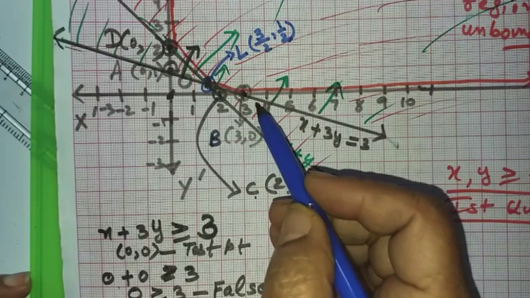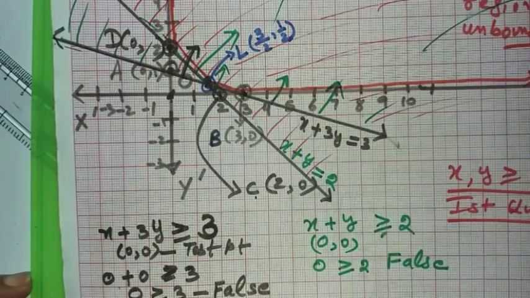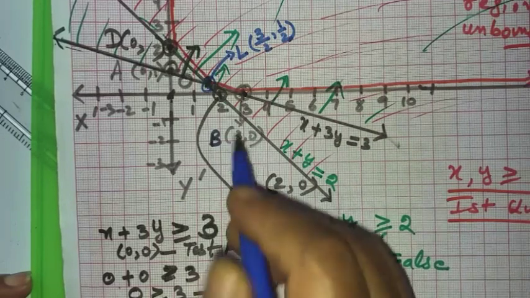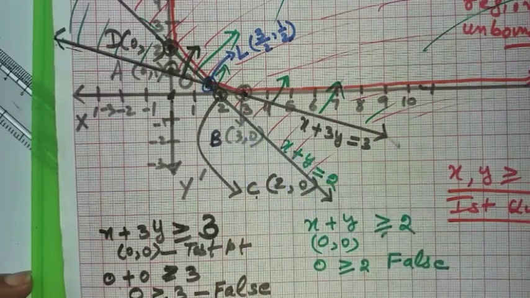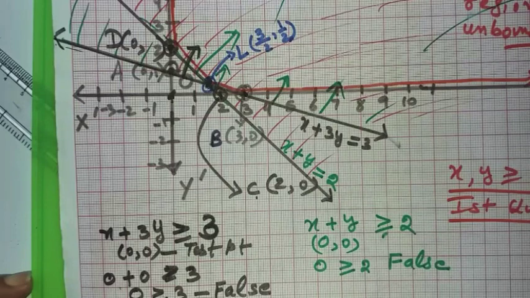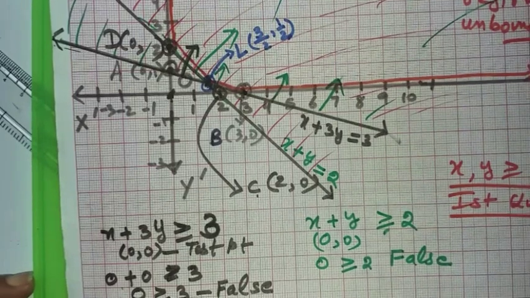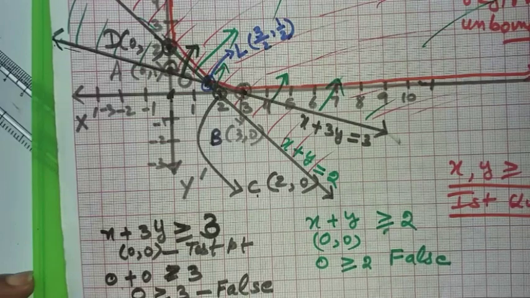This was C, not B, whose coordinates are 3, 0. Okay? Whether it was B or C, it was B only.